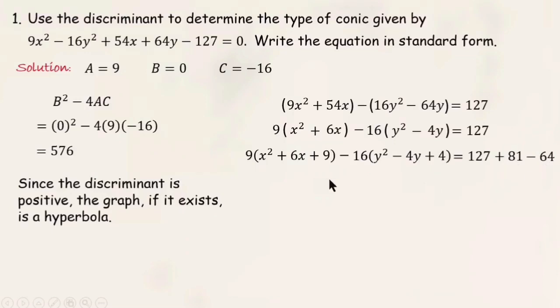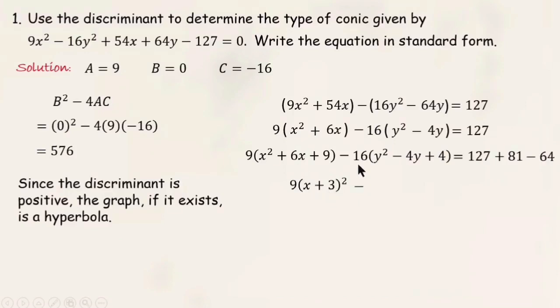Next, factor the left side of the equation. We copy 9 and factor the expression x squared plus 6x plus 9, which is x plus 3 quantity squared. Remember our technique? We take just half the coefficient of x or y. Here, the coefficient of x is positive 6, and half of positive 6 is positive 3.